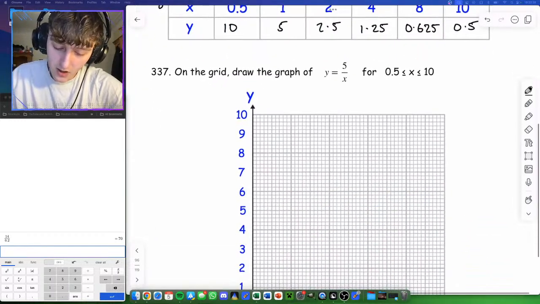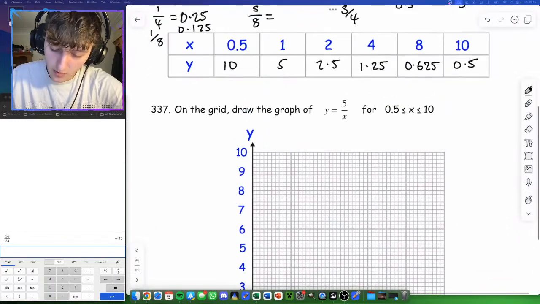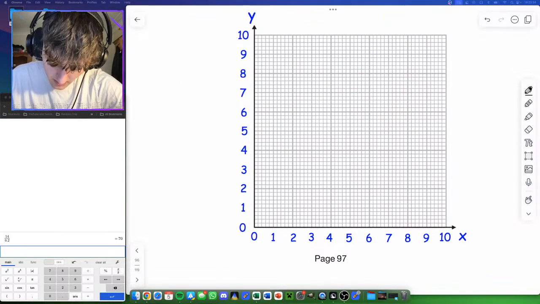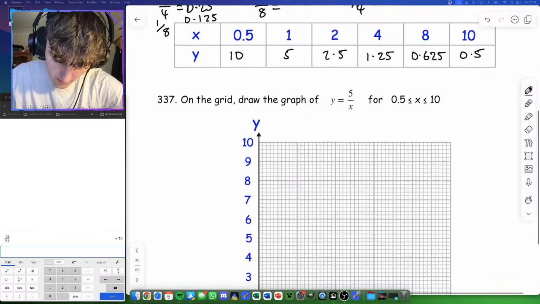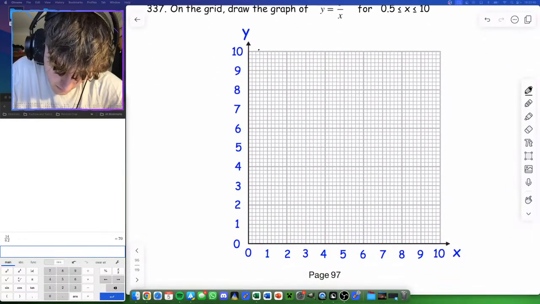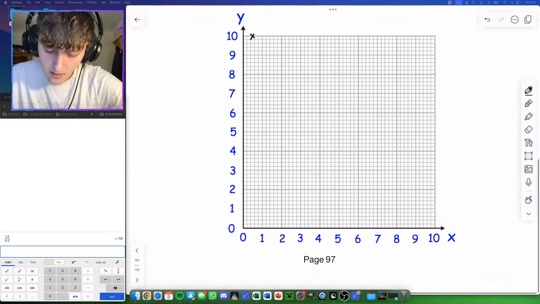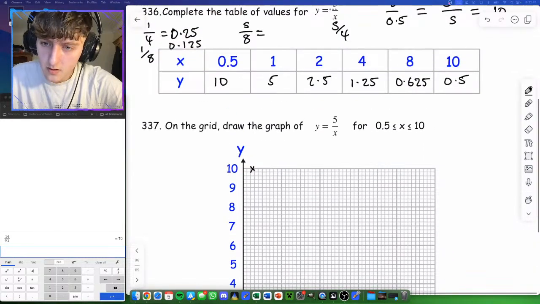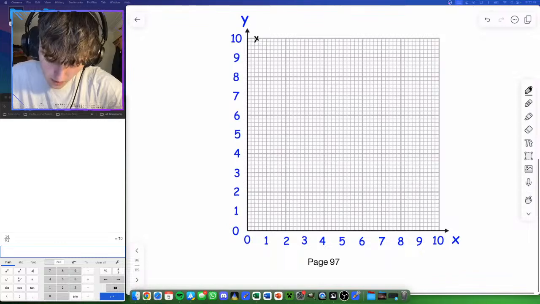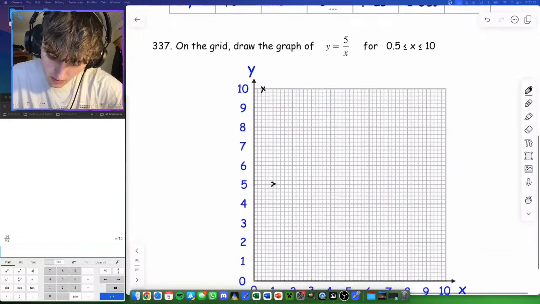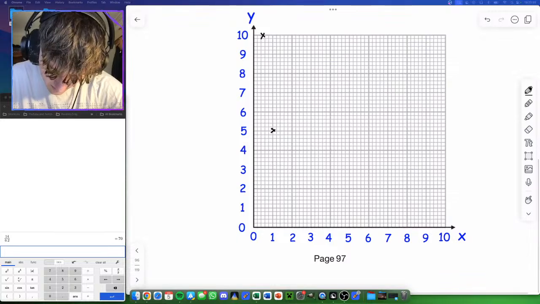And let's give it a sketch from 0.5 to 10. So 0.5 is in the middle here, and that is going to be 10, yep. There we go. Then, alright, 1 is going to be 5. 2 is going to be 2.5.